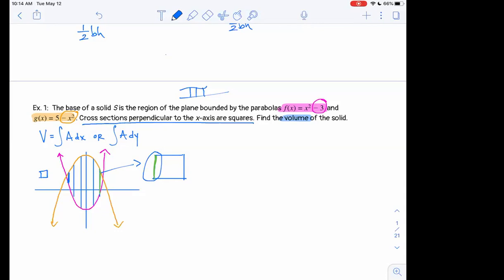And then where would I find the biggest square that's coming out of this base? Towards the middle. Yeah, at the middle, right? The middle one would be the biggest. In fact, the one that is right on the y-axis would be the biggest square out of all of them.